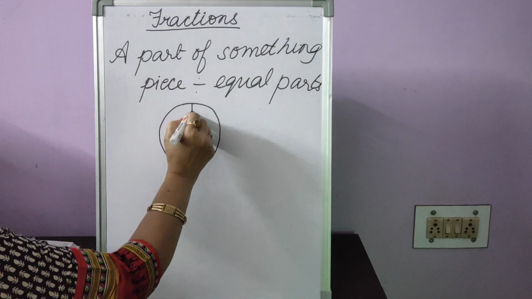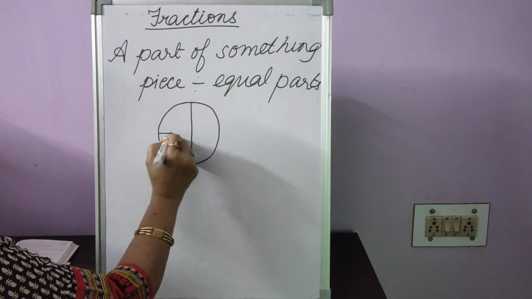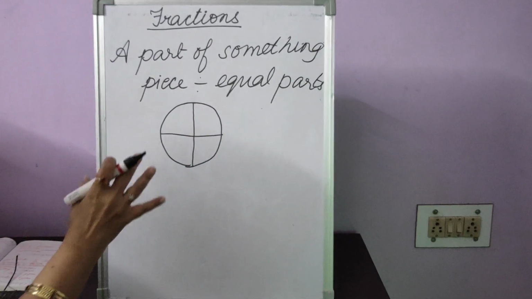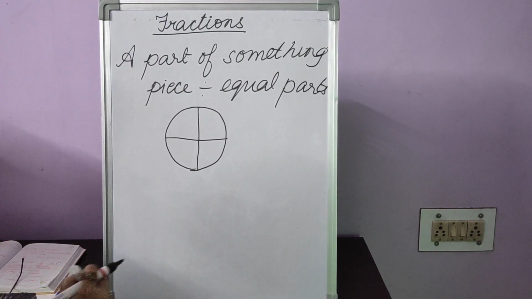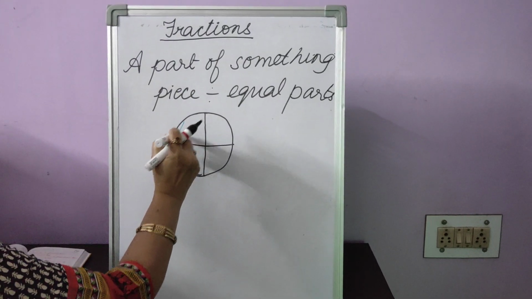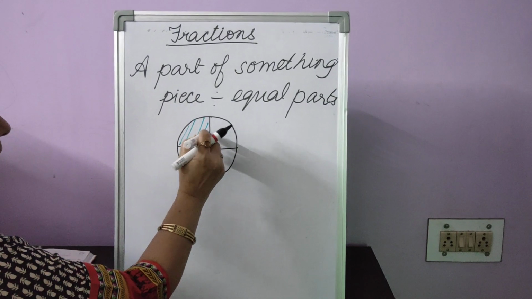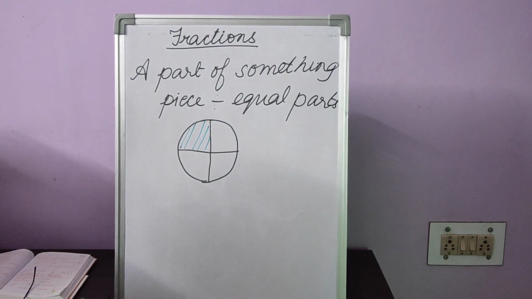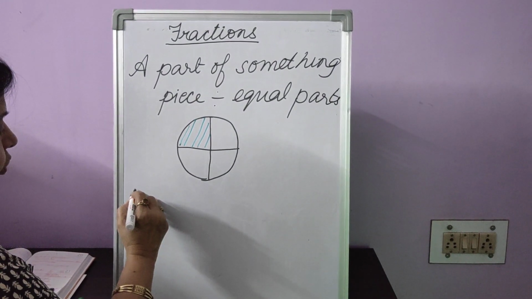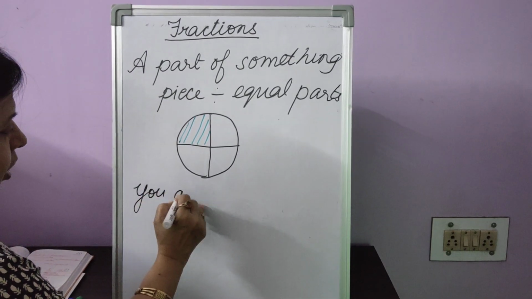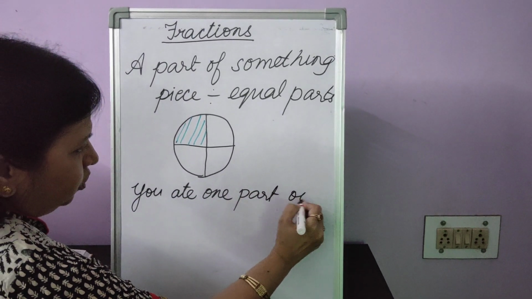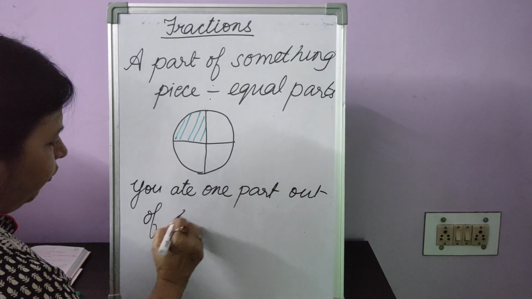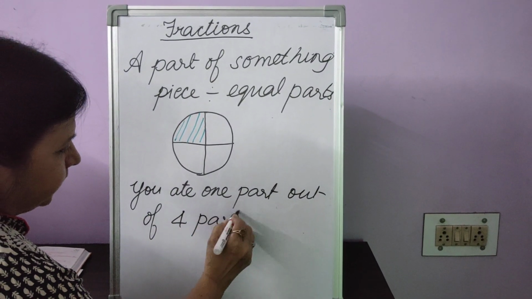Now, if I divide it into 4 parts, how many parts have I divided into? 4 parts. The whole cake is divided into 4 parts. Out of these 4 parts, you are eating 1 part. What did you do? You ate 1 part out of 4 parts.